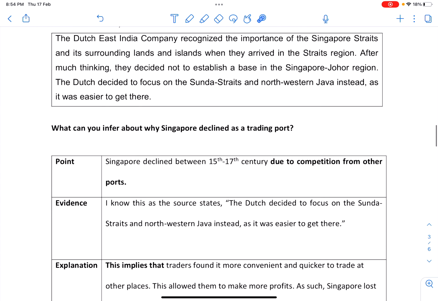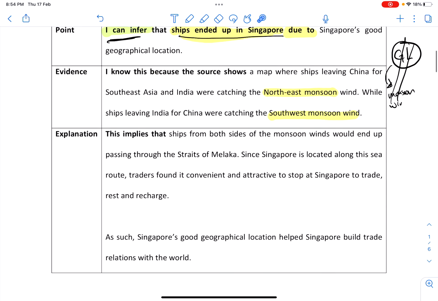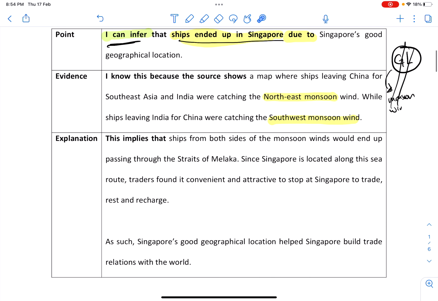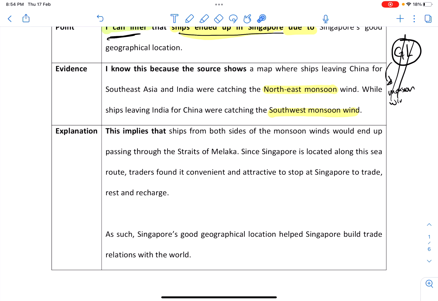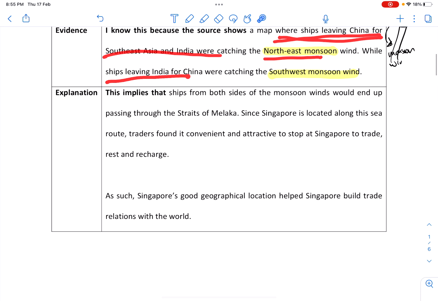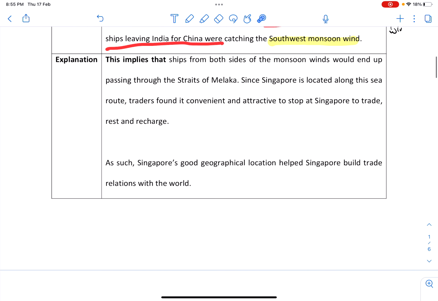So when we look at the answer now, we go back to the basics again. I can infer ships ended up in Singapore due to our good geographical location. How do I know this? Well, I know this because I see the ships. What do I see in the source? Ships leaving China for Southeast Asia and India, catching the northeast monsoon wind, while ships leaving India for China were catching the southwest monsoon wind.